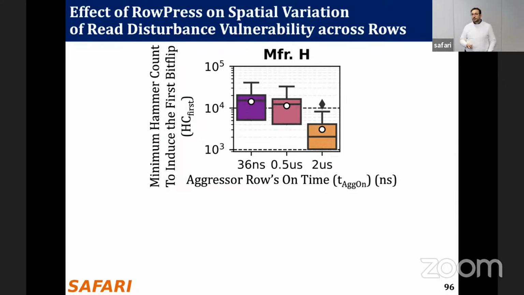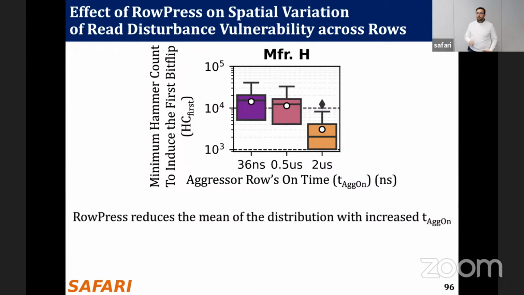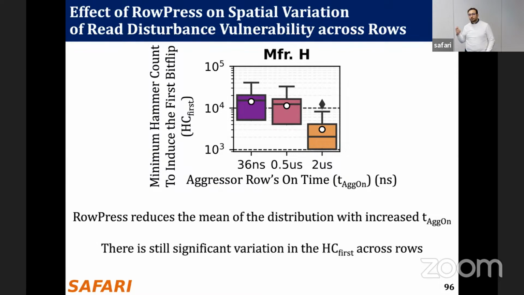This is the aggregated data from manufacturer H, SK Hynix, and on the y-axis, we look at how HC first changes. We observe that RowPress reduces the mean of the distribution and also the interquartile range, and the whole distribution basically goes lower. As you can see, from purple to yellow, everything goes lower.